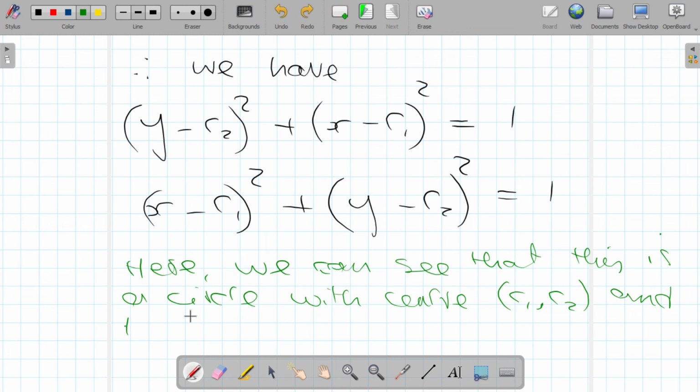Radius r equals 1. Right, okay, and that is basically that.